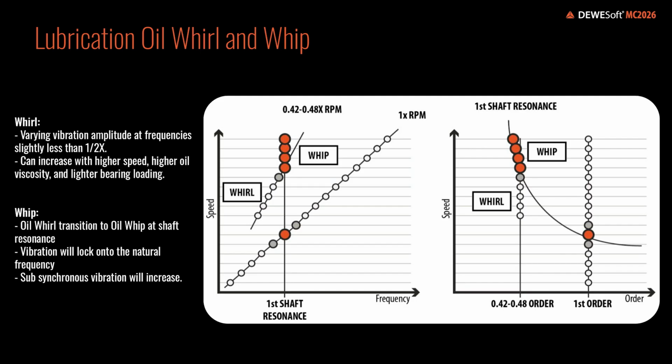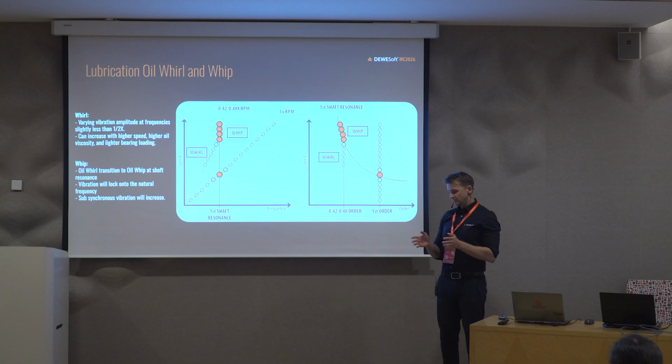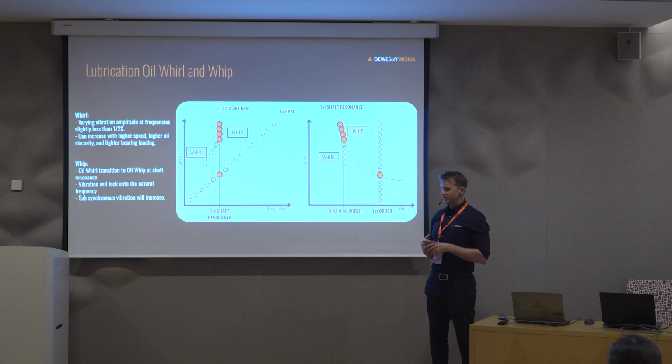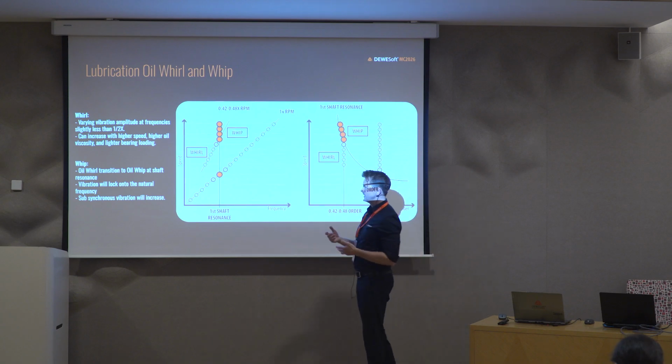We also, as I said, do a subsynchronous orbit analysis in this application, where we are tracking the highest amplitude that is lying below the first order component. That can happen in some cases, also multiple of them, but one case could be when the oil film inside the bearing begins to behave a little differently.